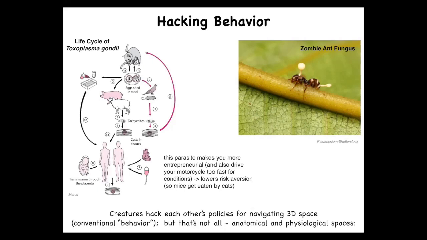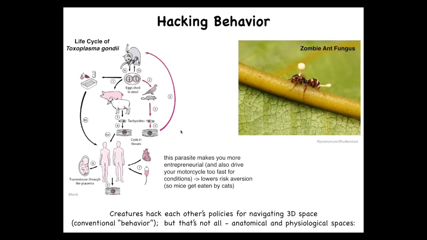There's a whole literature on this: it makes people more willing to take risks, so more entrepreneurial. Lots of people who crash their motorcycle driving too fast for conditions end up testing positive for this. So this is a very subtle effect on the behavior of a very complex system. And it's not that this parasite knows how to be an entrepreneur, it's that it knows how to hack the host to have these really subtle kinds of effects.